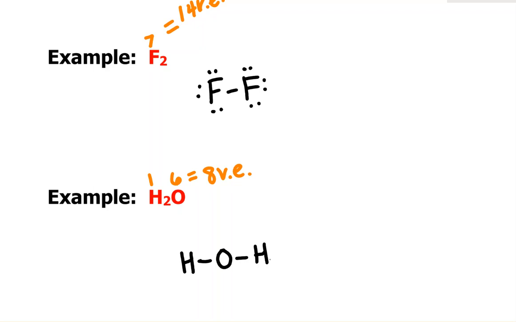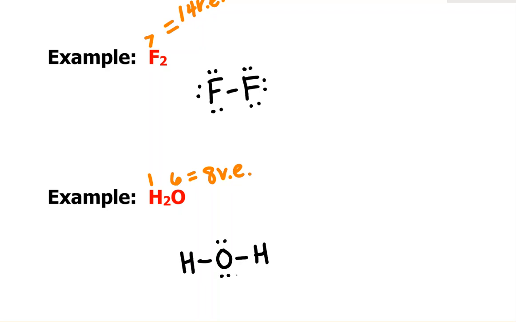Hydrogen doesn't need any more because it has 2. This single bond has 2 electrons, so that hydrogen has enough electrons. Same with this one. And then, how many electrons do I have on there already? Right now I have 1, 2, 3, 4. So I've got to put 4 more on, and they have to go on the oxygen.